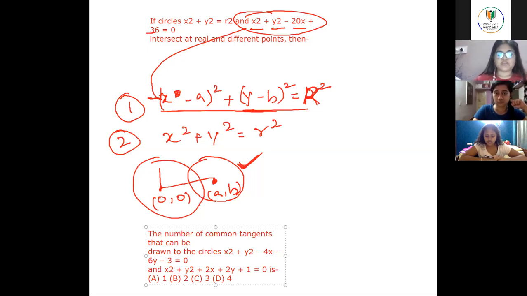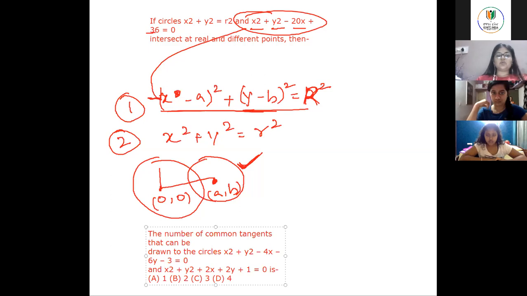Then you can check if C1 C2 is greater than R1 R2, equal to R1 R2, or less than R1 R2. So there are three conditions that I have given to you again. That will give you the answer if the circles have common tangents, do not have common tangents, or what the scenario is. I'll tell you the conditions once again.